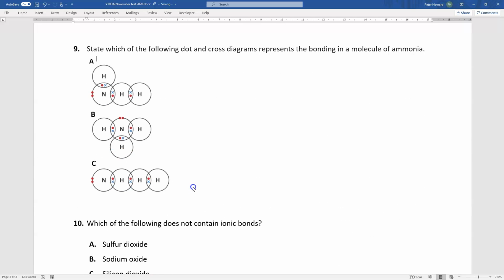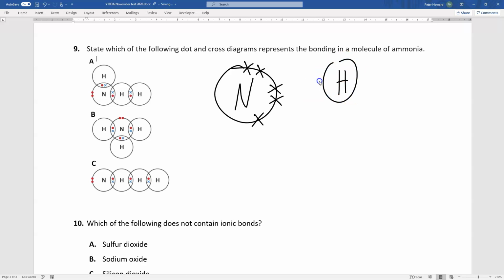Ammonia, which is the correct diagram for it. We know nitrogen is in group 5 of the periodic table, so 5 electrons in the shell. It's combining with hydrogen, which has 1 electron in the outer shell, like so. So when they combine, we need to end up with everything with a full shell.